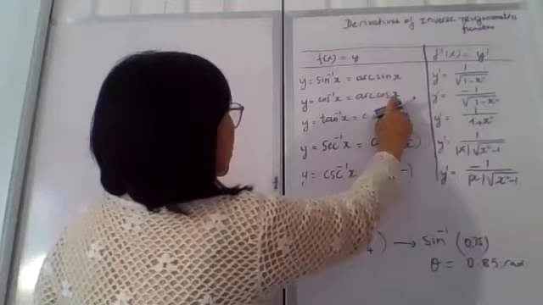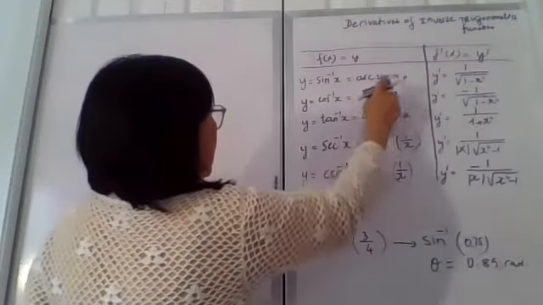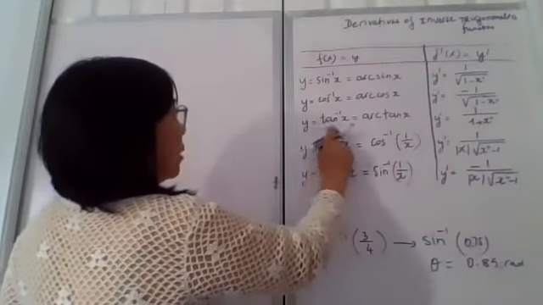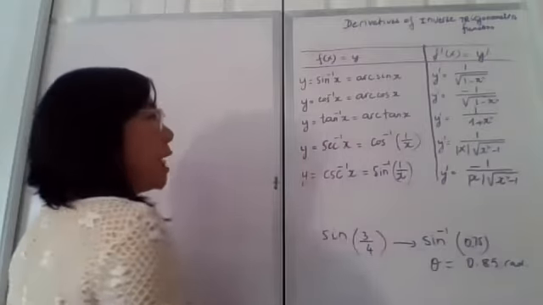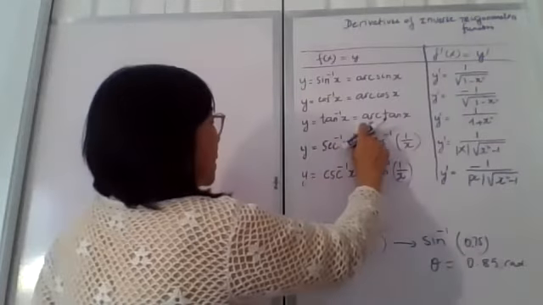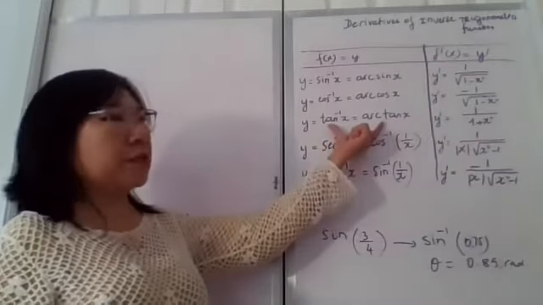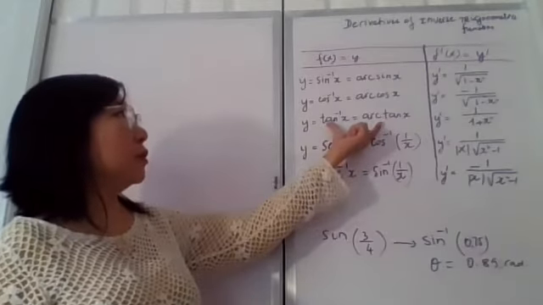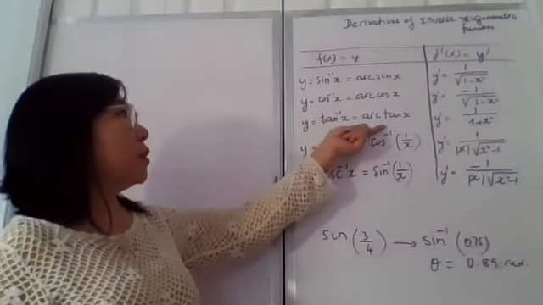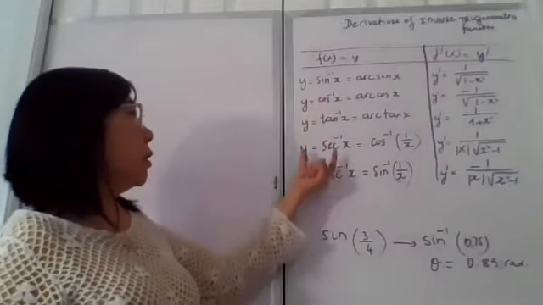And y equals the inverse of tan, you can write as arc tan x. This notation is just the same one we're talking about. So this equals this, and this equals this.